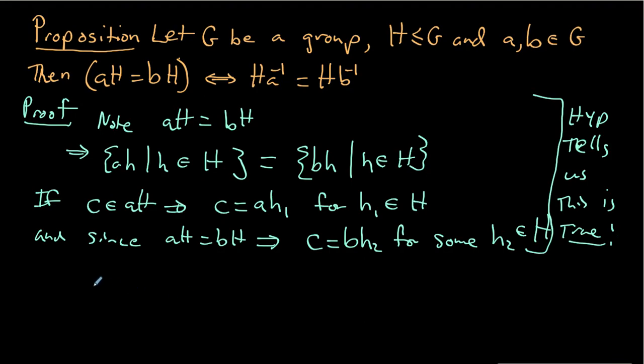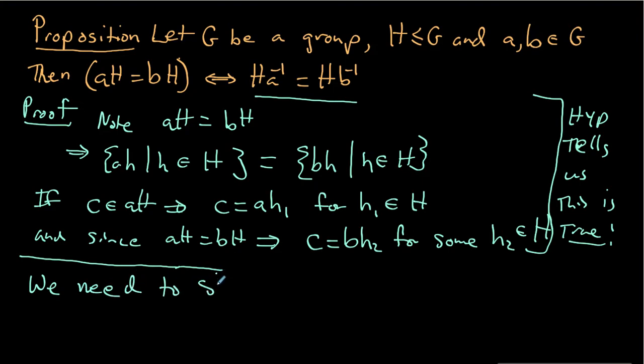Now, what I want to do is think about how to use that in a way to let me get the thing that I'm trying to show. So what I want to also make a note of is that we need to show that HA inverse is equal to HB inverse as sets. And we're going to do a double inclusion proof.